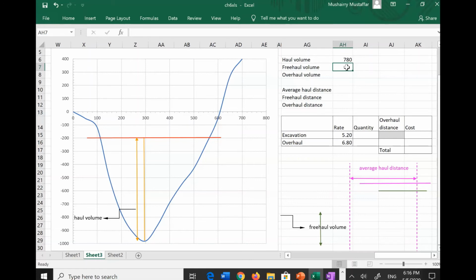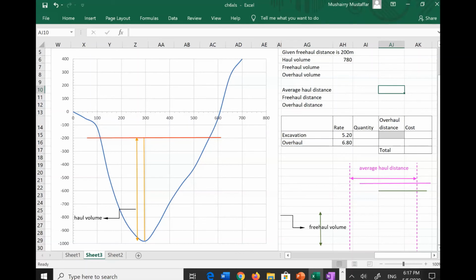I think I forgot to mention it in the question, but anyway, I'm just going to type it somewhere here. Given freehaul distance is 200 meter.